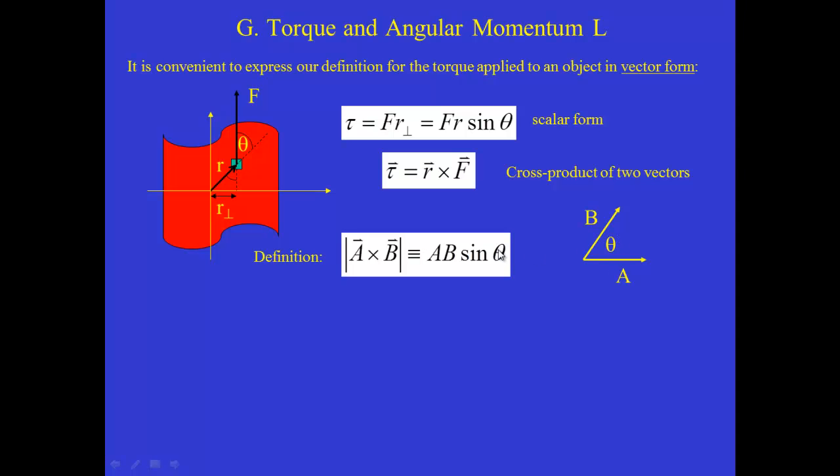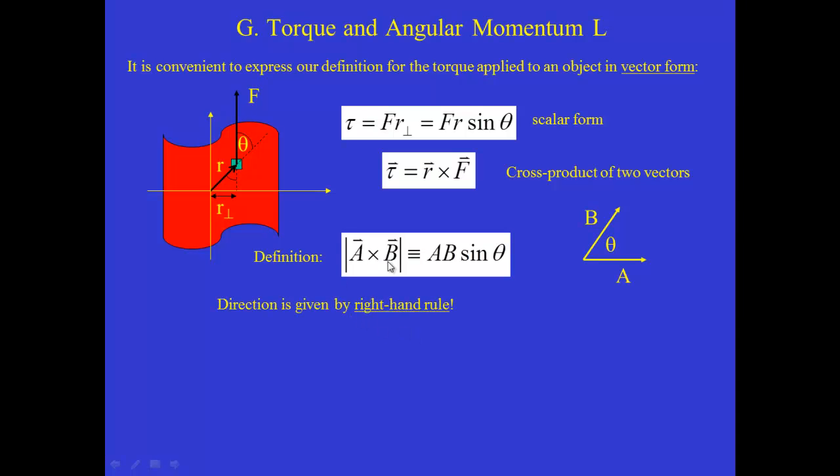In order to get the right angle to plug into this equation, you have to draw the vectors tail to tail, which is why theta is labeled the way it is in the sketch. If I take the R vector and slide it along the radial direction, I can draw those two vectors tail to tail, and theta is the angle between them.